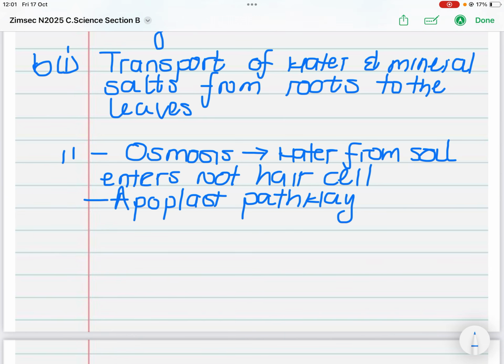This is the movement from cell to cell of water by the process of osmosis, right? And then after that, the water reaches the xylem vessels where it is transported upward to the stem. So you need to mention about the xylem vessels.